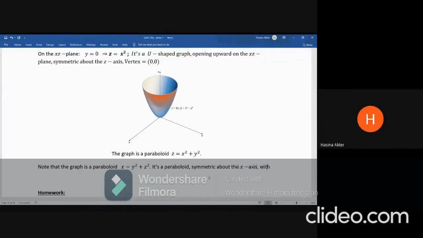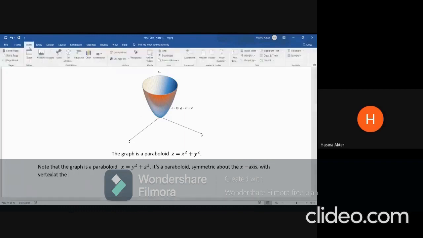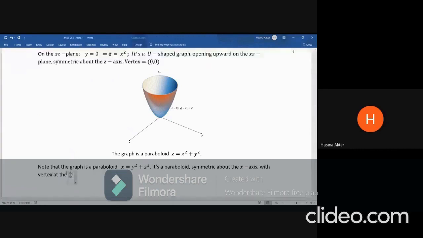X-axis. Yep, with vertex at the origin. Since we named it paraboloid, that means we are in 3D. We didn't call it parabola. We are in 3D because we called it paraboloid.